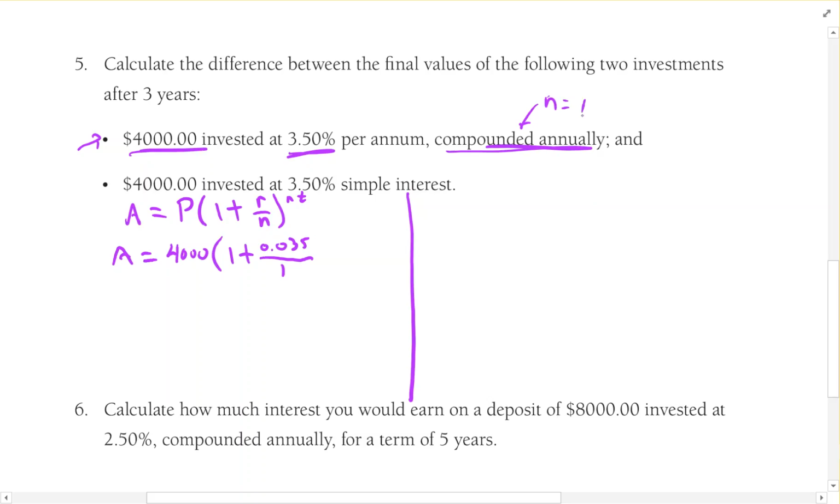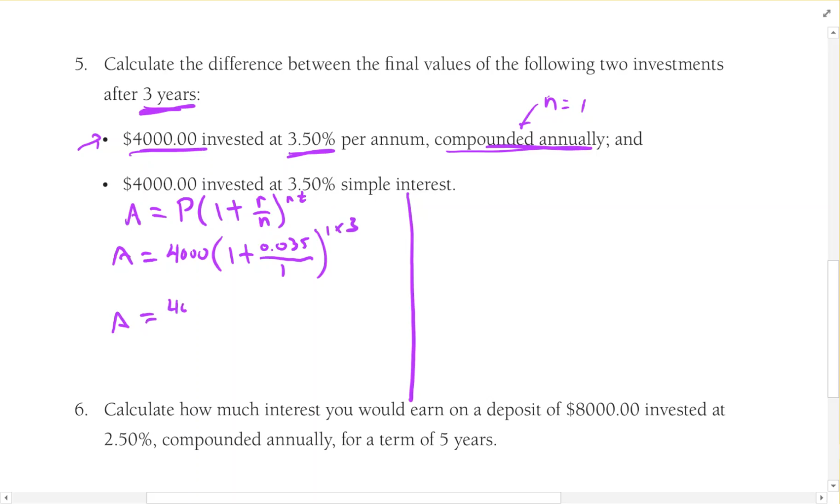N value 1. So then N up here. And then my time is going to be 3 years. That was up in the original part of the question. So times, I shouldn't have left an N there. It should have been a 1. So 1 times 3.